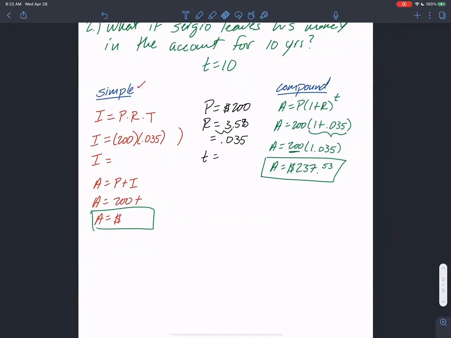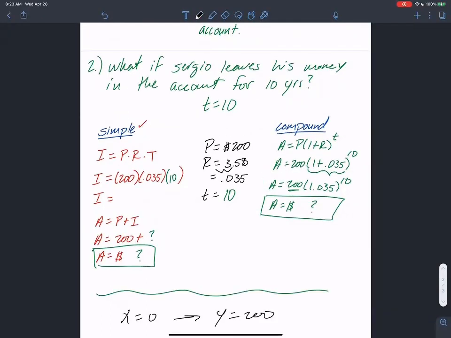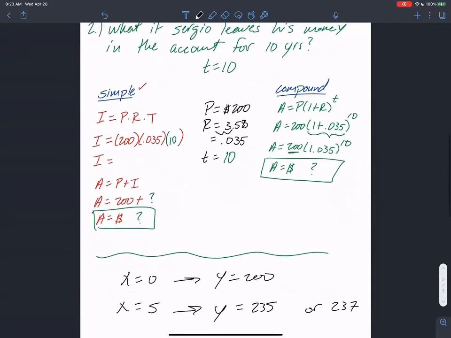And you're going to insert the new value, 10 years. Whatever you get here. 10 years. 10. And then whatever you get here. Okay? Does anyone have any questions for me that I can answer based off of this?